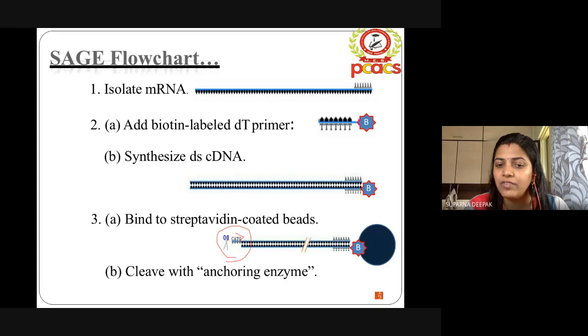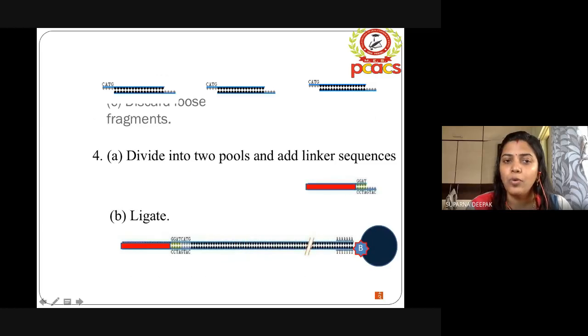Because of cleaving, we are getting this particular end. So you can see I am getting these loose ends, loose fragments. Using a linker, look at its end.